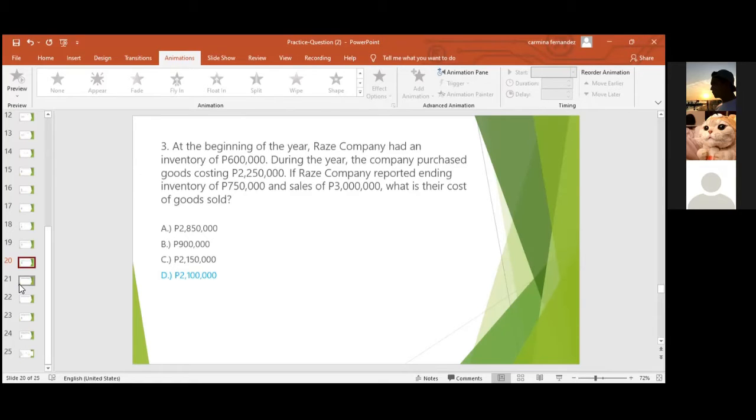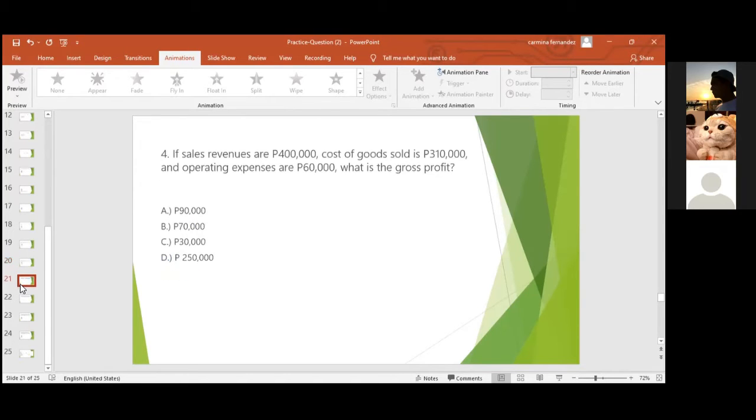So next, number 4. If sales and revenues are 400,000, cost of goods sold is 310,000 and operating expenses are 60,000, what is the gross profit? Basta yung mga sinusolve lang natin dito, tandaan lang natin yung formula sa function of expense method.